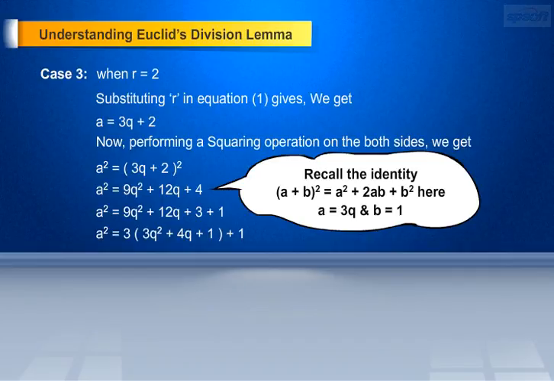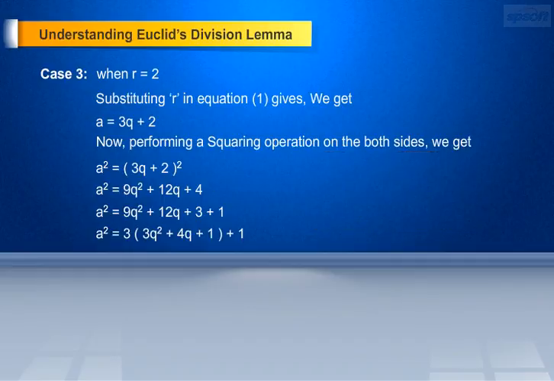Here a equals 3q and b equals 2. a square equals 9q square plus 12q plus 4. a square equals 9q square plus 12q plus 3 plus 1. a square equals 3 into (3q square plus 4q plus 1) plus 1. a square equals 3m plus 1, where m equals 3q square plus 4q plus 1.